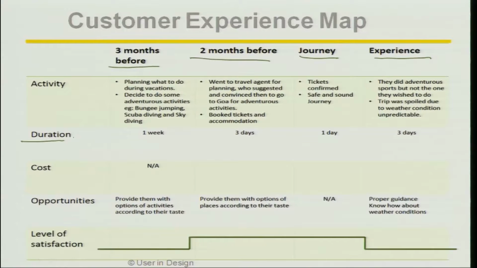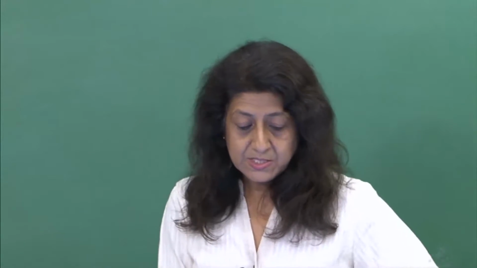Then they've captured the duration, how much time they spent on each of these, the costs, the opportunities. So what are the opportunities for design? Provide them with options of activities according to their taste, right? Give people more options. This was a shortcoming in one of the earlier versions of the design.